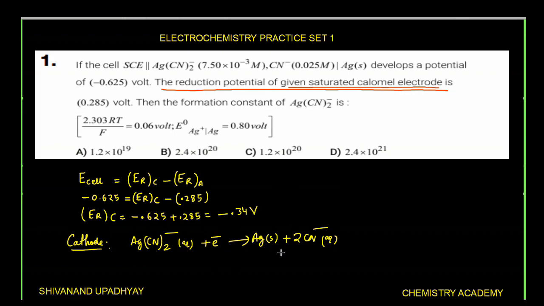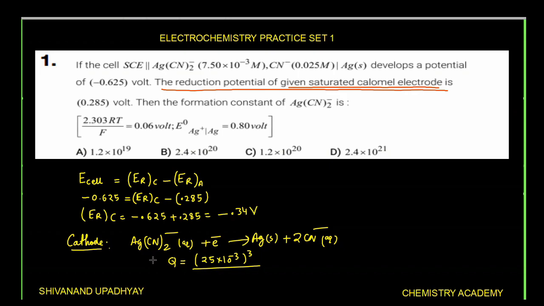So in order to calculate E naught of this half cell reaction, I can use the Nernst equation. Before using the Nernst equation, I should write the reaction quotient for this half cell reaction. The concentration of CN minus ion is given, 25 × 10^-3. So (25 × 10^-3) whole square, that is CN minus concentration squared, divided by the complex ion concentration.